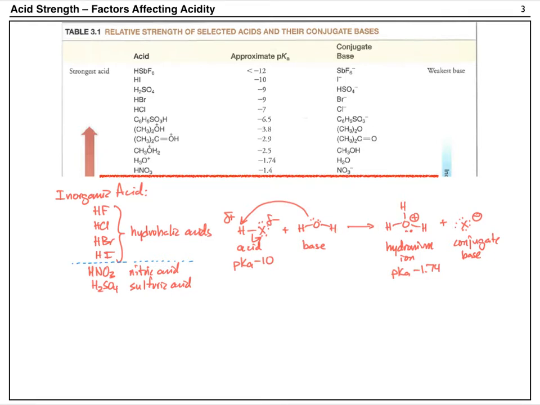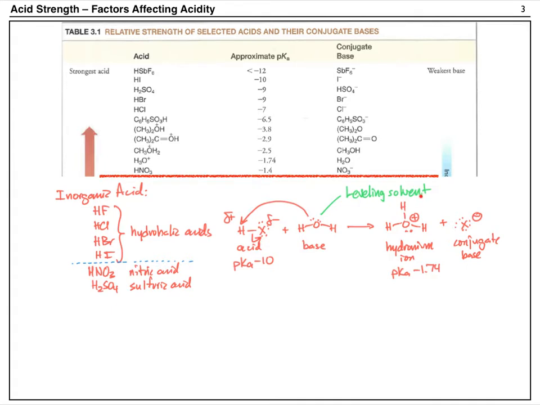This also brings up another important concept in that water is what is called a leveling solvent. Meaning that for very strong acids, when dissolved in water, you will always form this common conjugate acid hydronium ion, because the acids are always giving up a proton.